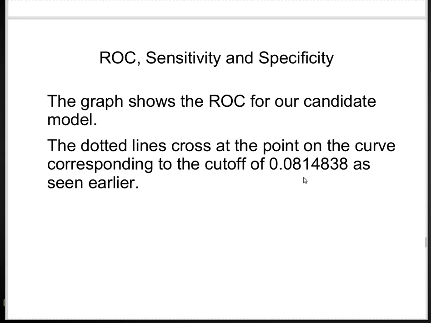So the graph of this curve can be done for any candidate model. And the lines that I've drawn, where they cross, correspond to the cutoff that was based on the prevalence of coronary heart disease from this study.